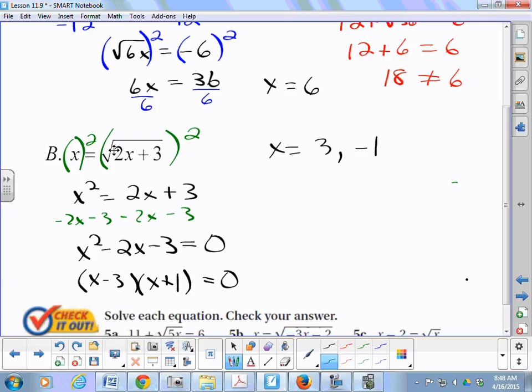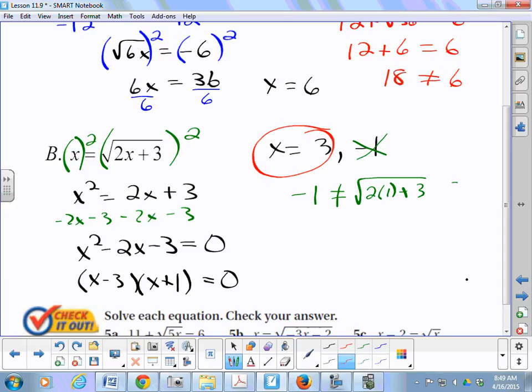And the answer is no. Negative 1 cannot equal square root of 2 times 1 plus 3. It cannot, because this is a positive number, since there's no symbol in front of the radical, which means the right side has to be positive. It can't be negative. So negative 1 cannot be a solution. So the answer is x equals 3. And you should check 3 also, but it does work.